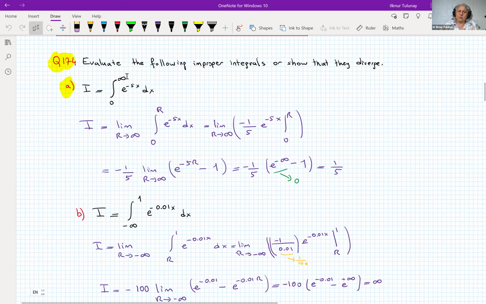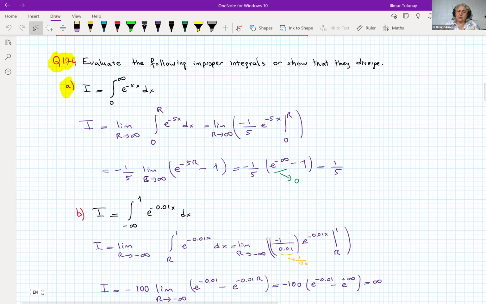By the definition, we'll view this improper integral as a limit as r goes to infinity, from 0 to r. We know how to integrate this, which is minus 1 over 5 e to the minus 5x. The boundaries are 0 and r. We place the r minus the e to the 0 case.